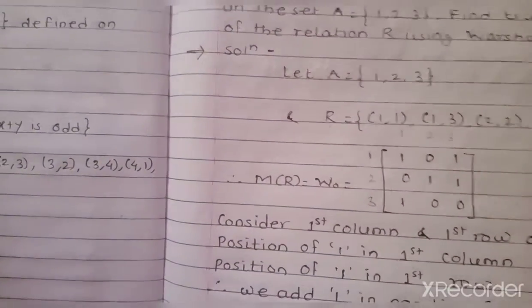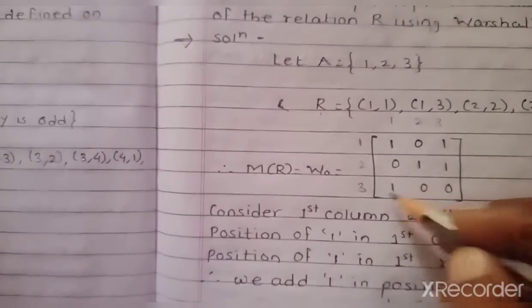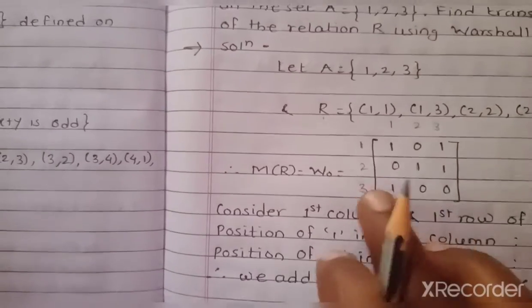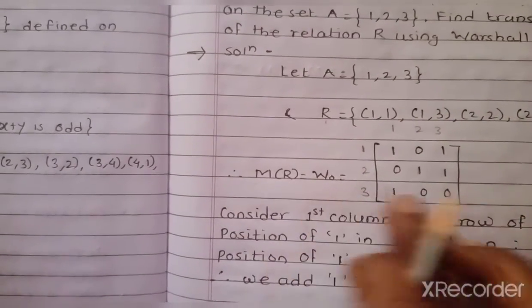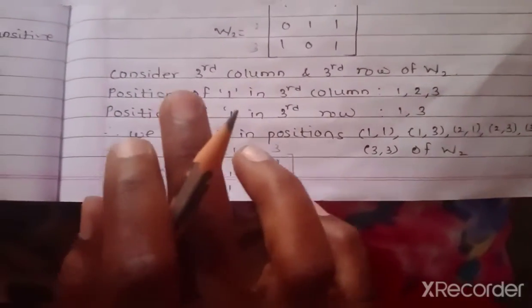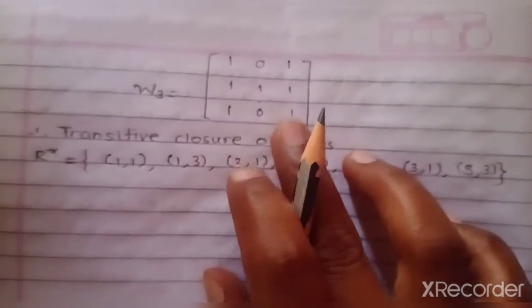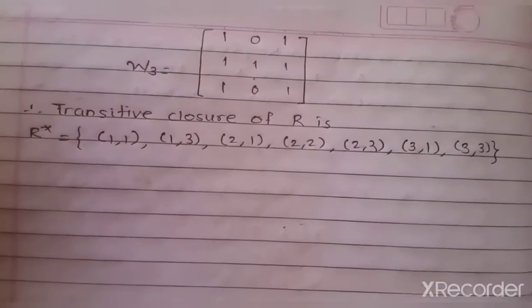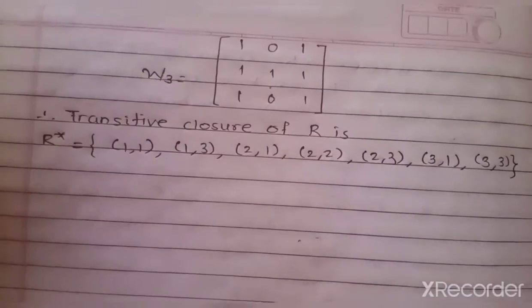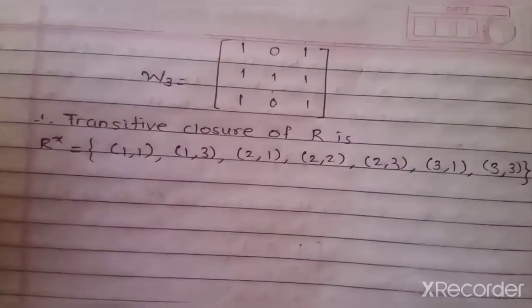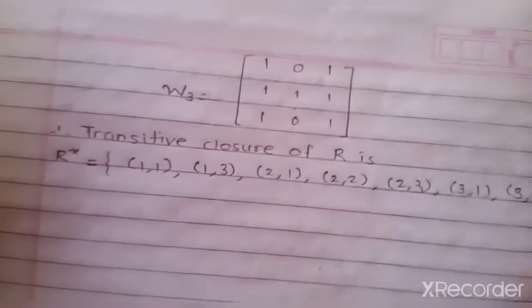So we proceed up to the last row and last column, the third row and third column. Then we stop our procedure here, because there is no fourth row and fourth column.